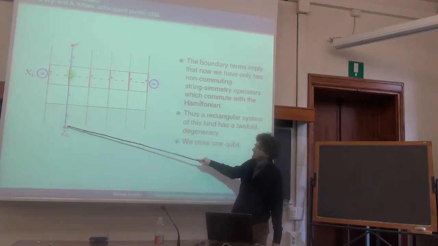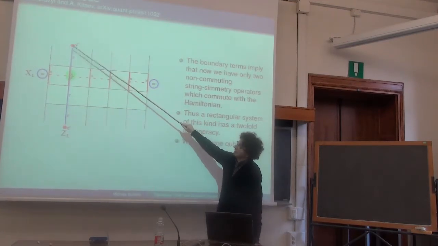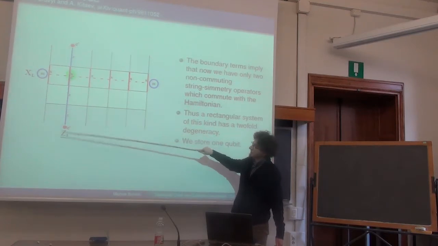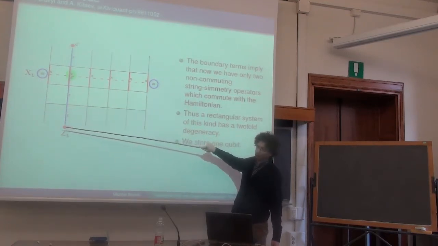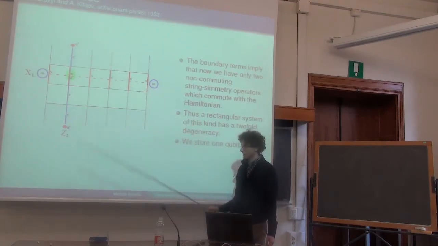So we can host an electric charge here without paying any price in energy. We are able to apply a Z string, which essentially moves one electric charge from this point to that point, from the upper edge to the lower edge.